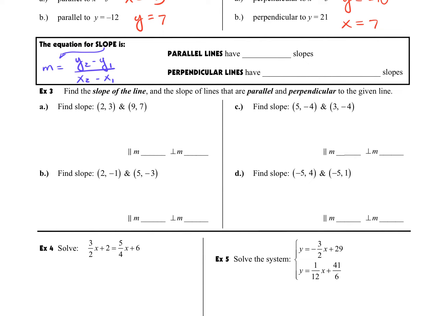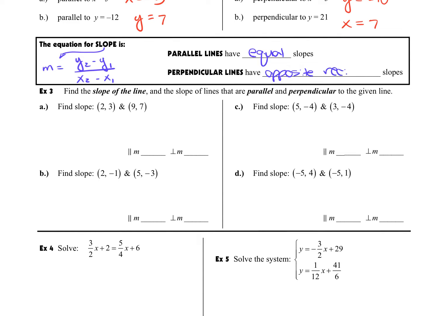Now, it doesn't matter what point you call point 1 and point 2, that makes no difference, but the consistency that you do your subtraction is very, very important. So the change in y, that's our rise, over the change in x, that's our run. Now, parallel lines will always have equal slopes or same slopes, and perpendicular lines will have opposite reciprocal slopes.